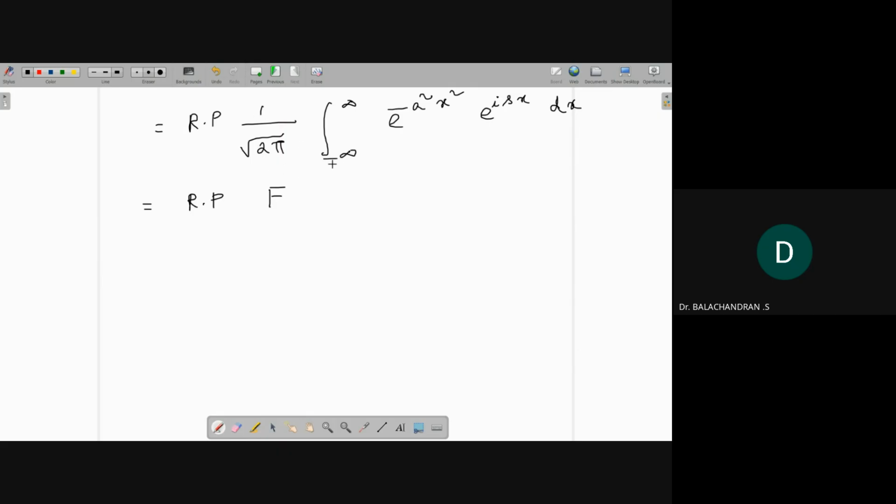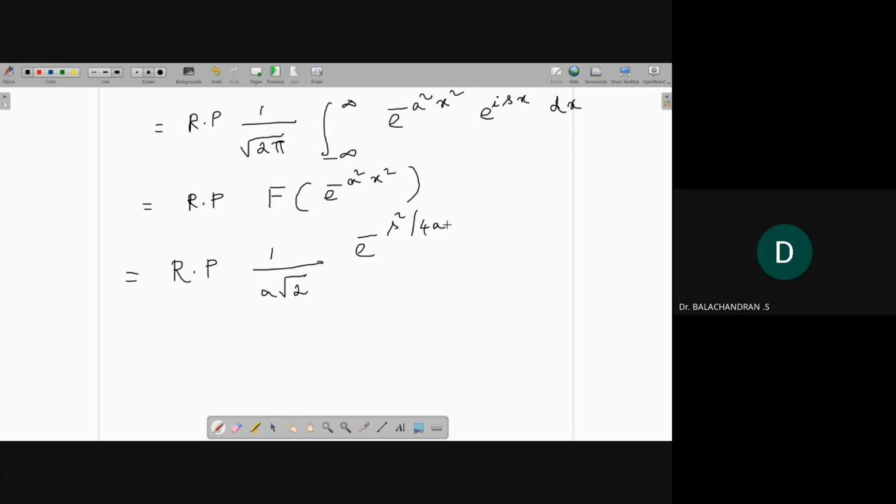So 1 by root 2 pi, minus infinity to plus infinity, e power minus a square x square into e power isx dx is the Fourier transform of the function f of x, where f of x is e power minus a square x square. We derived this result already in the online class. Please verify: we get 1 by a root 2 into e power minus s square by 4a square.